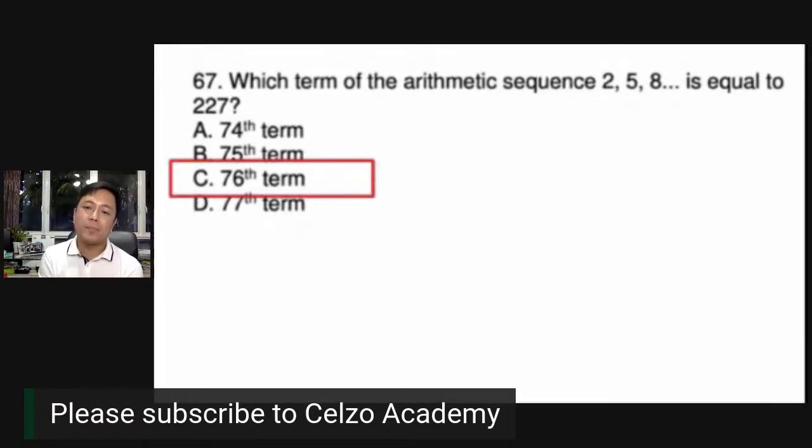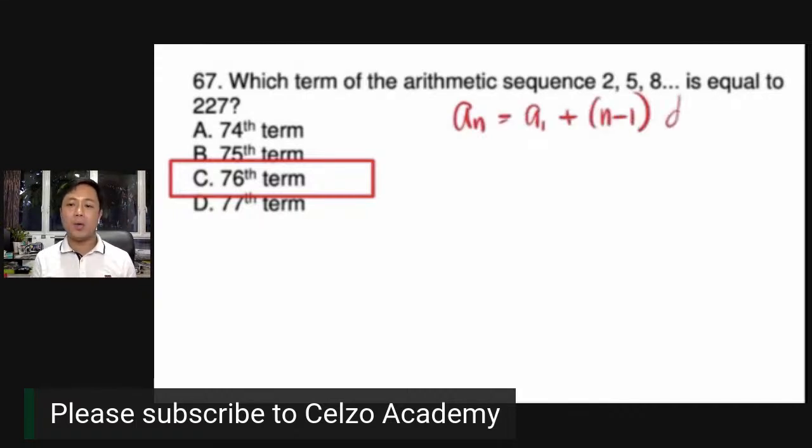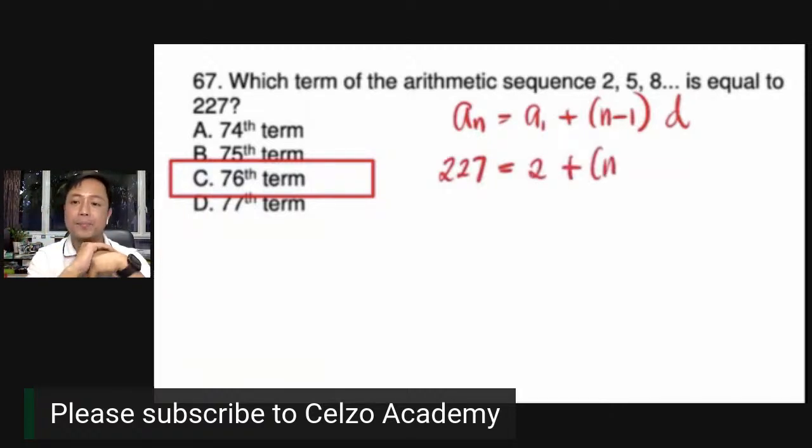So this is an arithmetic sequence question, right? So you need to use the arithmetic formula a_n is equal to a_1 plus n minus 1 times d, which means that our last term is 227. The first term is 2, and the common difference is 3 because you're adding 3 each time. So you just plug those in.